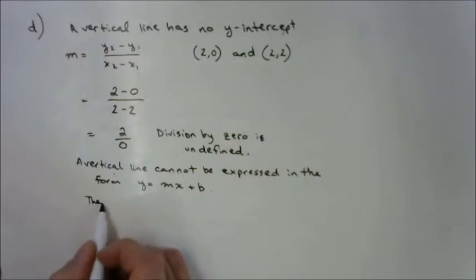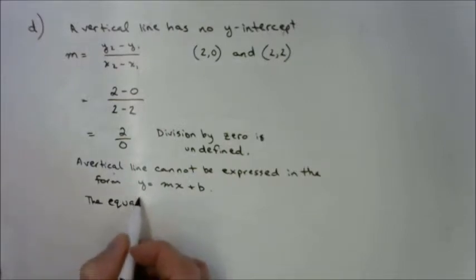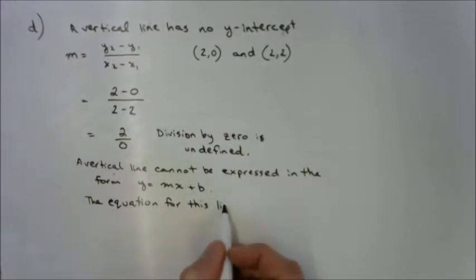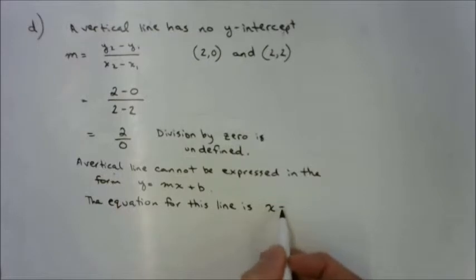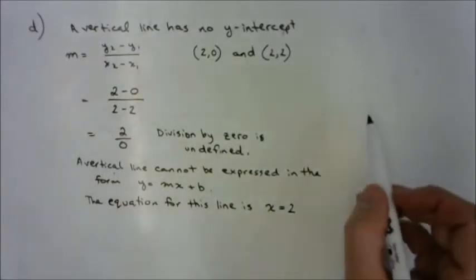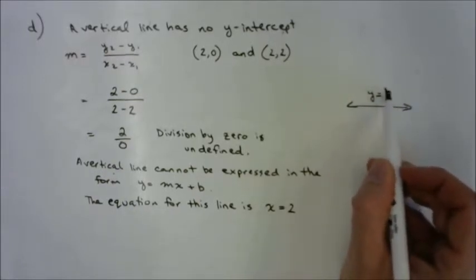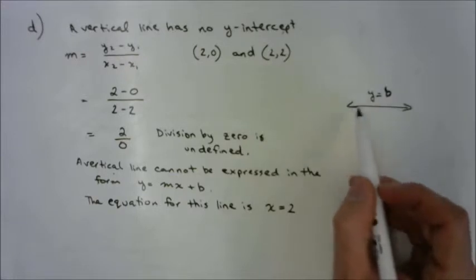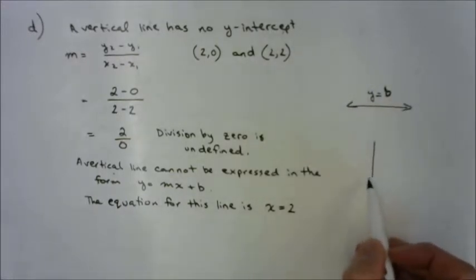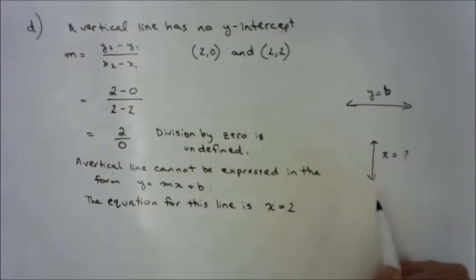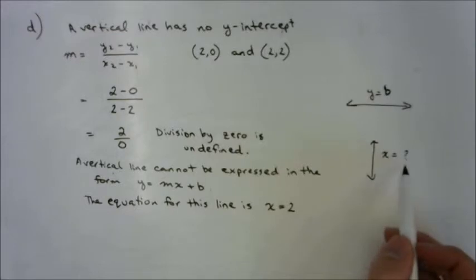So the equation for this line is x equals 2. Just like with a horizontal line, y equals b was enough information for all that line. In a vertical line, x equals something is enough information to explain that whole line. It just means x will never change. y might change, but x will always stay the same.